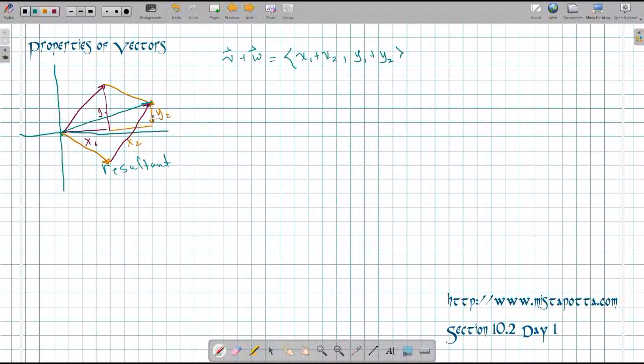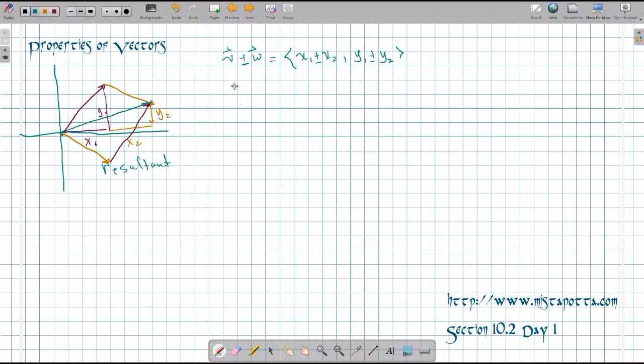Notice, of course, that I could have one or both of these components being negative. It also holds true that if I wanted to subtract vectors, I end up subtracting the horizontal or vertical components.